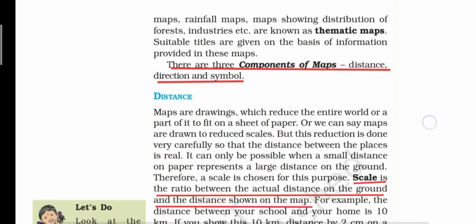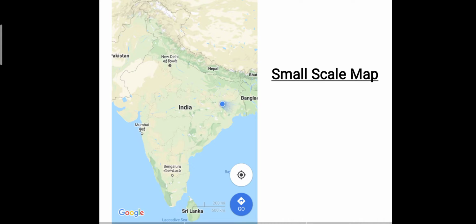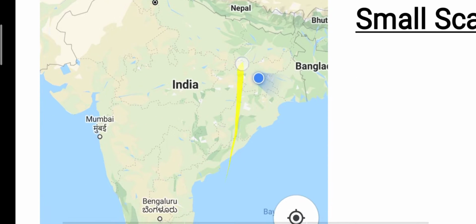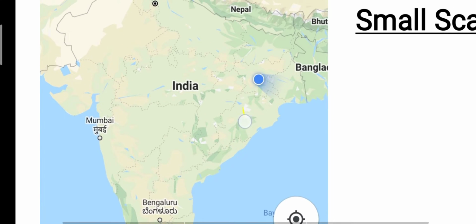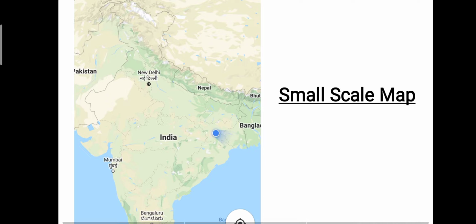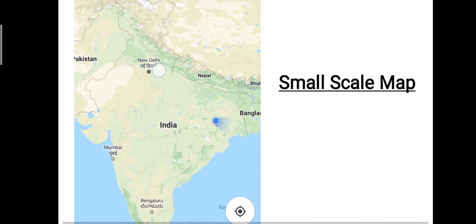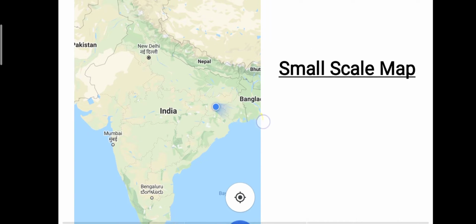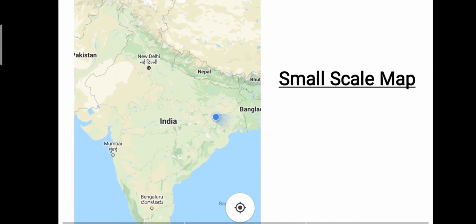For example, here, this is the map of India. Now, for example, children, from the northernmost point to the southernmost point, if you measure it with the help of a scale or ruler, it will range from about 10 centimeters to 15 centimeters.